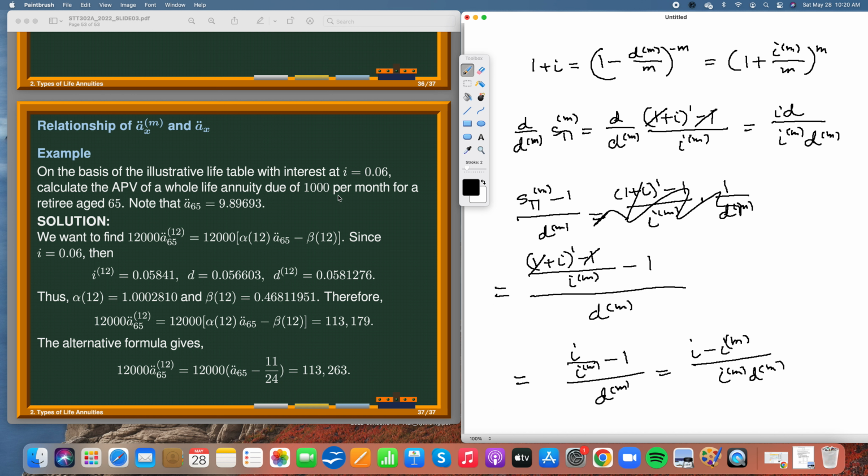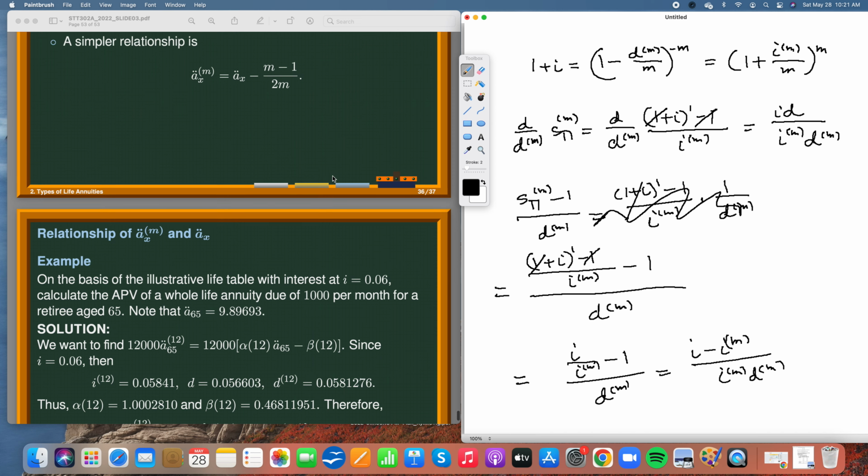So the yearly payment is 12,000. Right? From our life table, this is the value that we obtain. We want now to find the actuarial present value for the monthly payment, wherein m is equal to 12 and the monthly payment is 1,000, and it's a life annuity due.